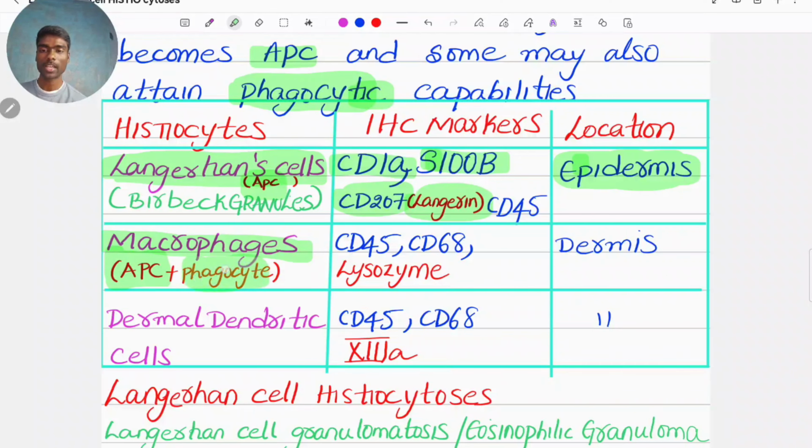This macrophage has phagocytic capability. Immunohistochemical markers are CD45, CD68 and lysozyme. It settles in the dermis. Next, dermal dendritic cells. Immunohistochemical markers are the same, CD45 and CD68, like macrophages. The only difference is factor 13A. They are also present in the dermis.